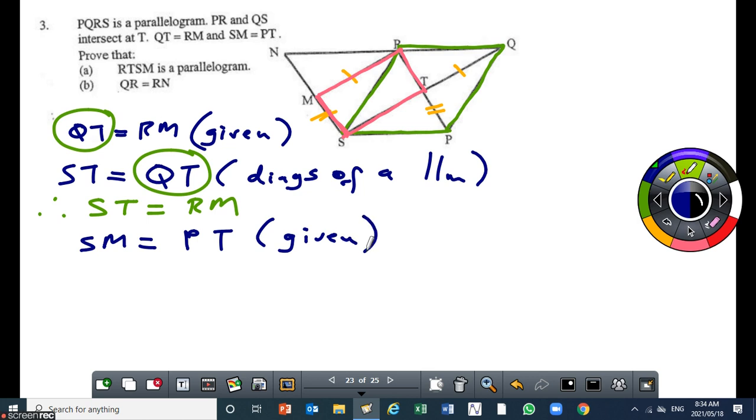And then from there I'll say RT is equal to PT, and the reason is the diagonals of a palm bisect.